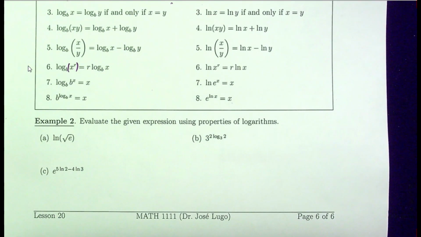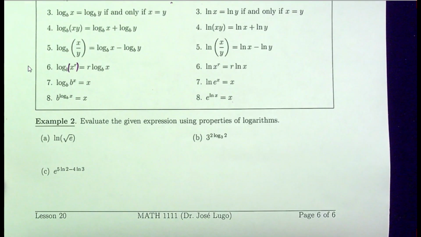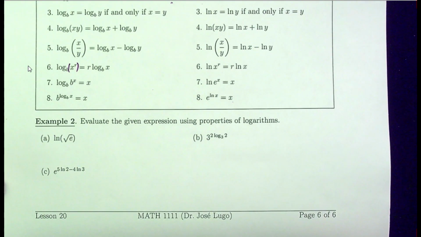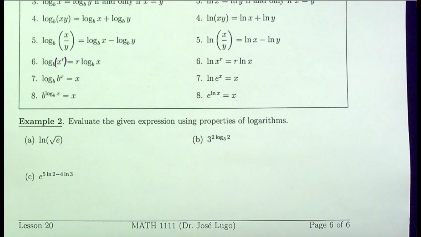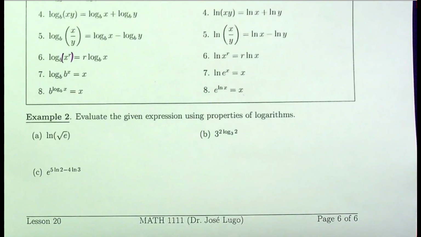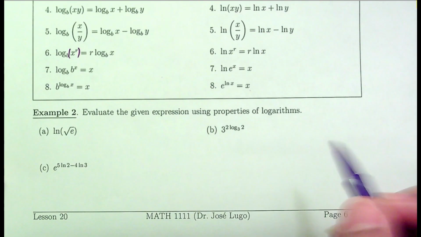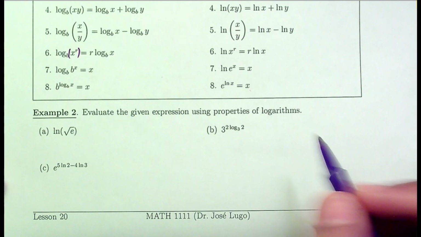Okay, here's the very last example. Evaluate these expressions, again without a calculator, just using the properties of logarithms. So we're going to figure out what is the ln of the square root of e.